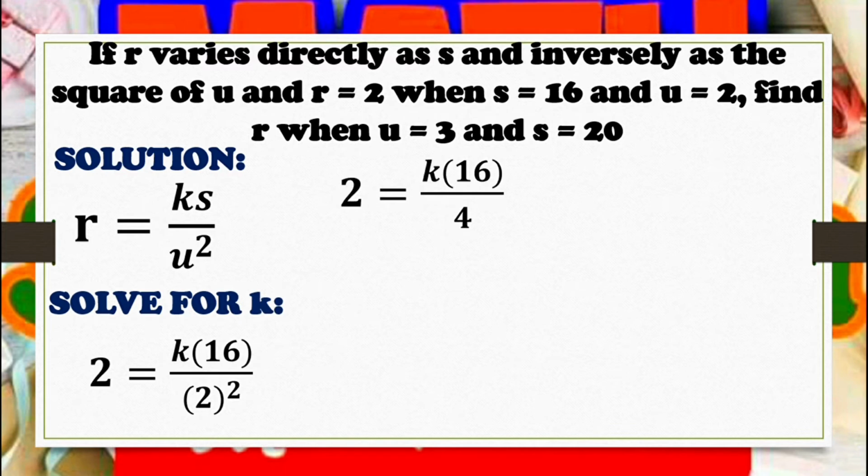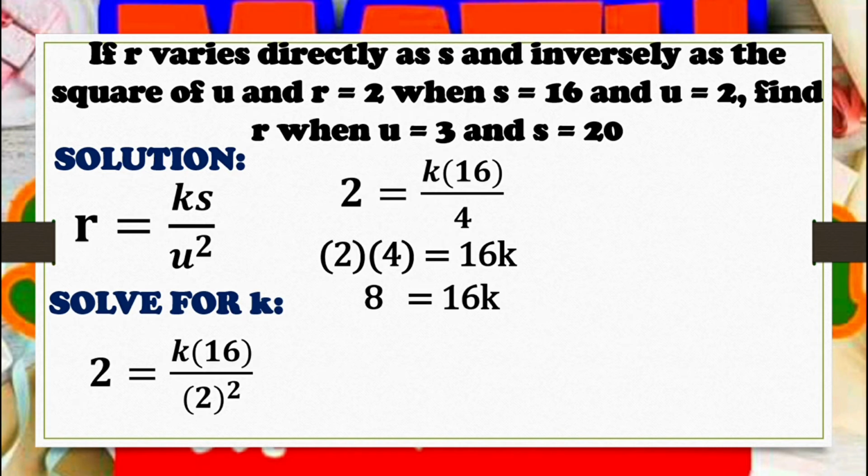So we will have 2 is equal to k times 16 all over 4. Apply cross multiplication as we multiply 2 and 4 and simplify the right side of our equation. So this leads us to 2 times 4 is equal to 16k. Then 2 times 4, the product is 8, that is equal to 16k.